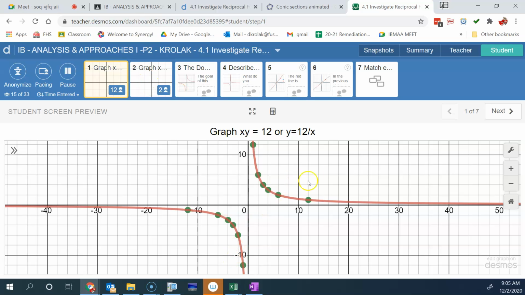Now, what's going to happen to this graph if I want this to be X times Y equals -12? What kind of flip? Is it flipping up and down, or flipping right and left, or it doesn't matter?